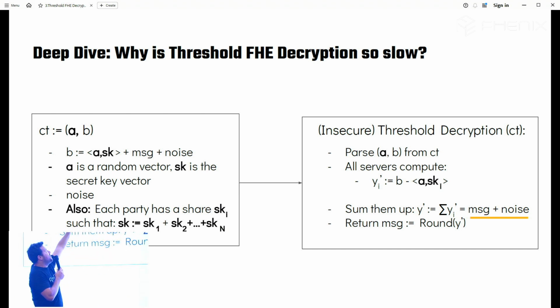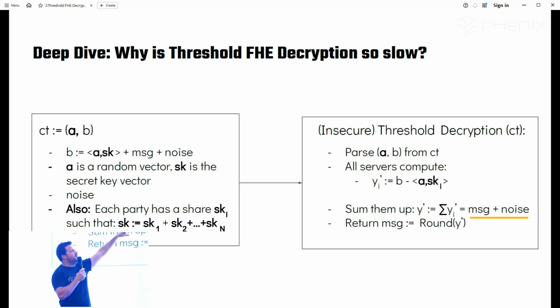They all have the ciphertext, so they have A and B. They take B minus the inner product of A with their part of the key, and this is a partial decryption. So y sub i prime is a partial decryption. That's the important part. If you literally take pen and paper and draw it out, you will see that if you sum all the y of i's together, everything cancels out.